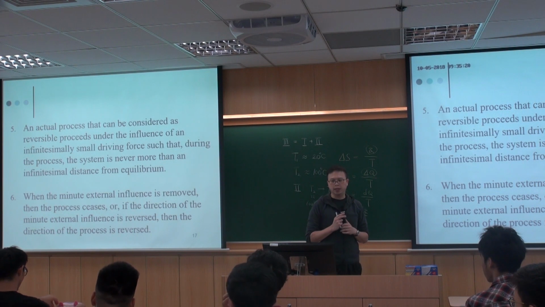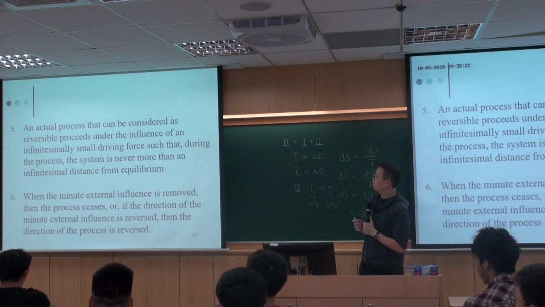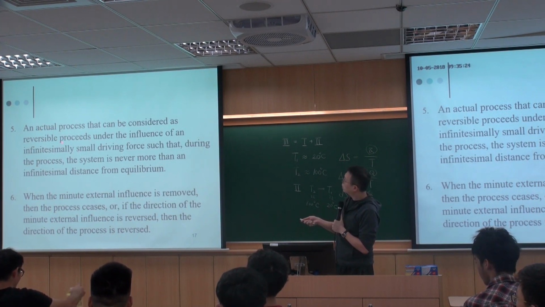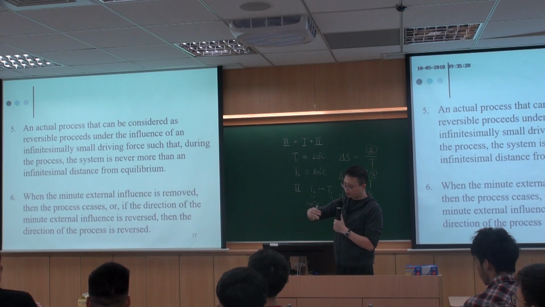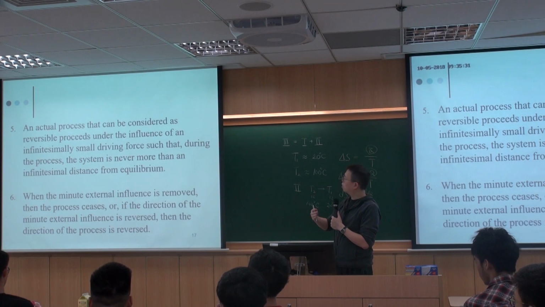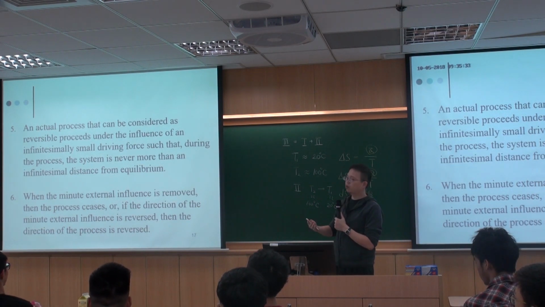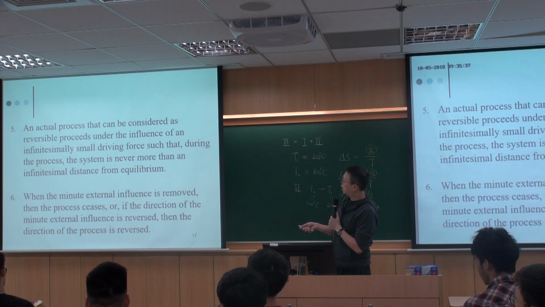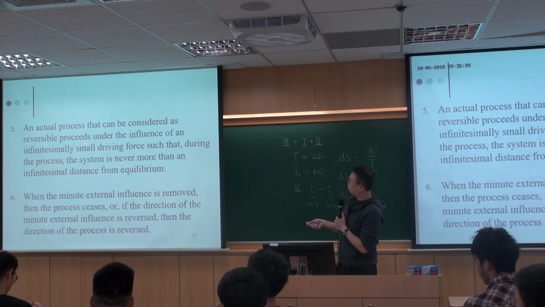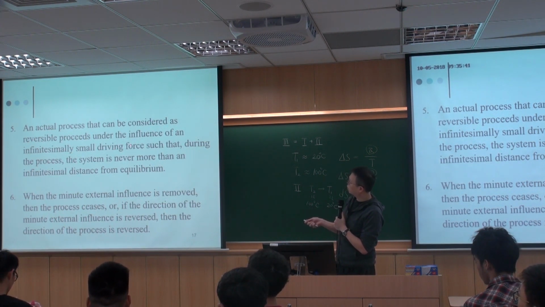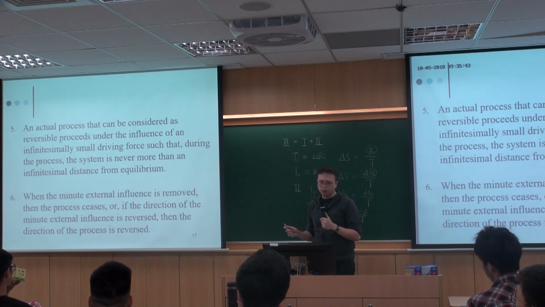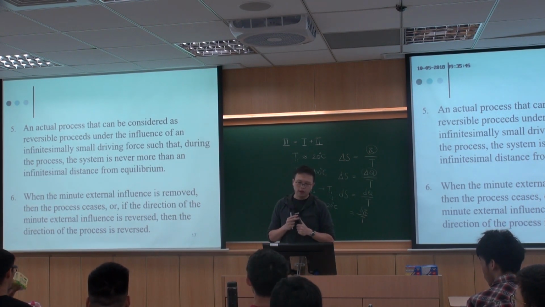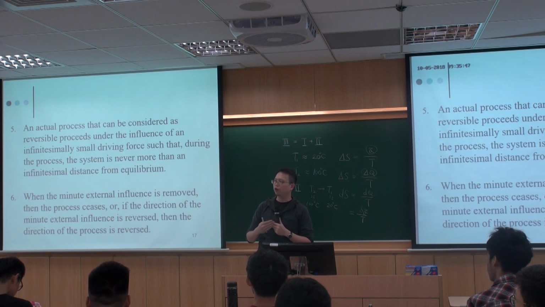So an actual process can be considered reversible only when the influence for each step is very, very small, or in terms of calculus, infinitesimally small. You have this kind of small driving force, such that during the process the system is never more than a very, very small distance from equilibrium.